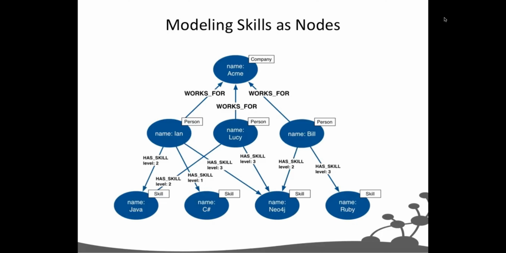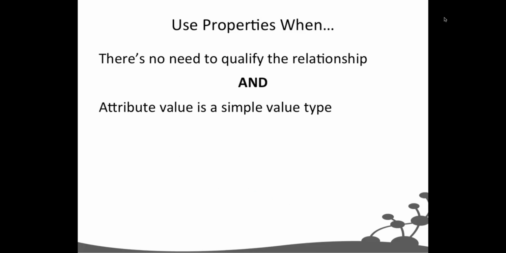A lot of those queries begin with the skills themselves. So they're the starting point. Find me all of the people who have the skills Java and C# or Java and Neo4j. So we want to bind to those particular nodes and then explore the graph that's immediately attached to them. So again, another good reason for pulling these things out as separate nodes.